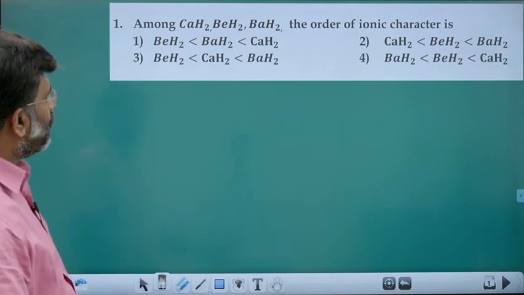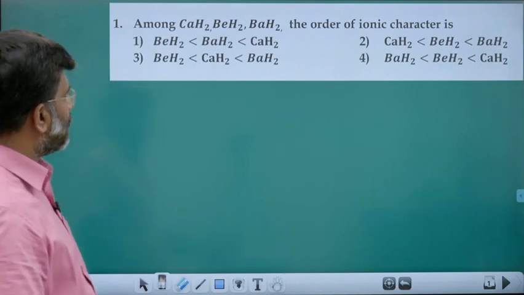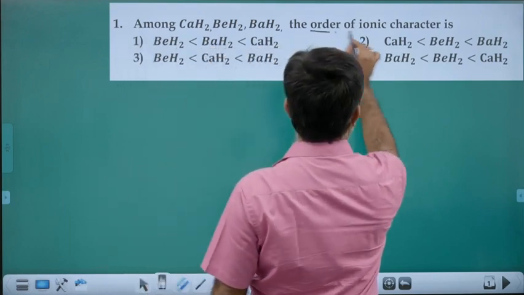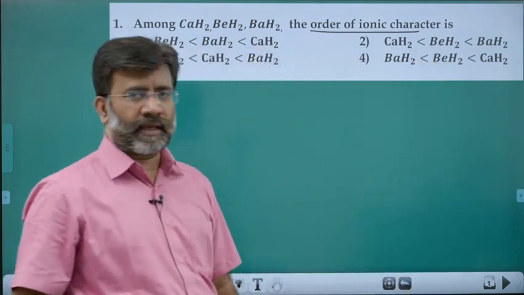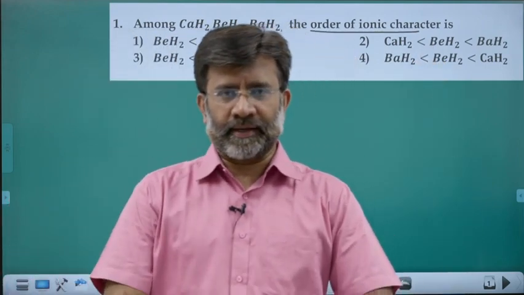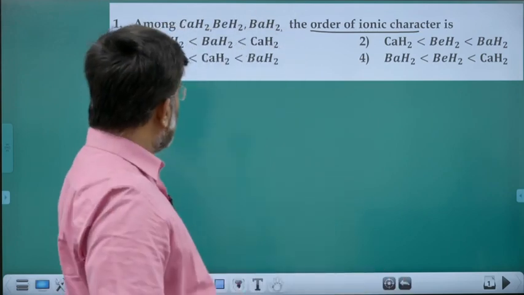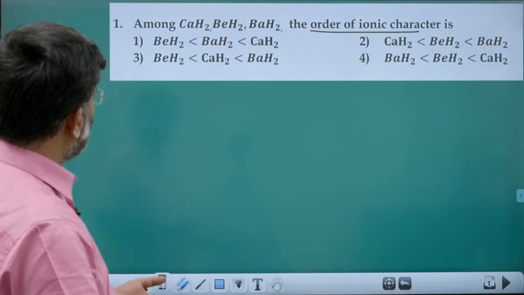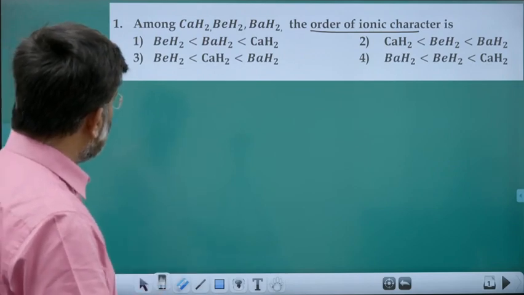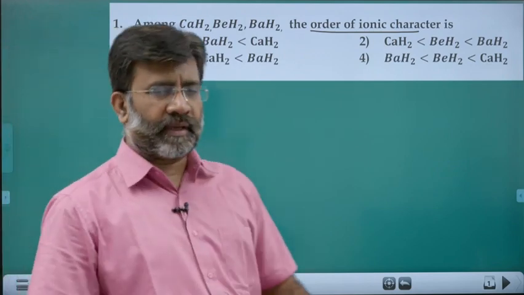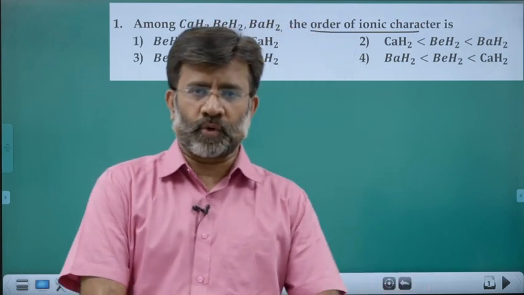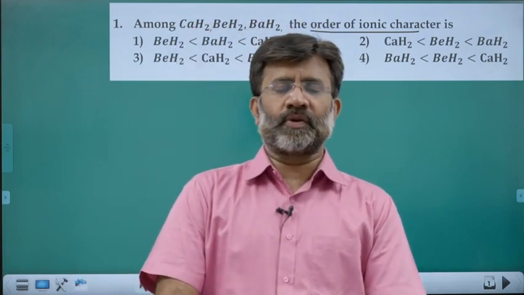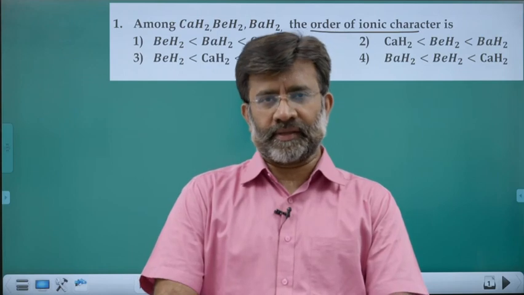The order of ionic character of hydrides. What is given is group 2 hydrides. Whether group 2 hydride or group 1 hydride, the ionic character will be increasing down the group as the electropositive nature of the metal increases.